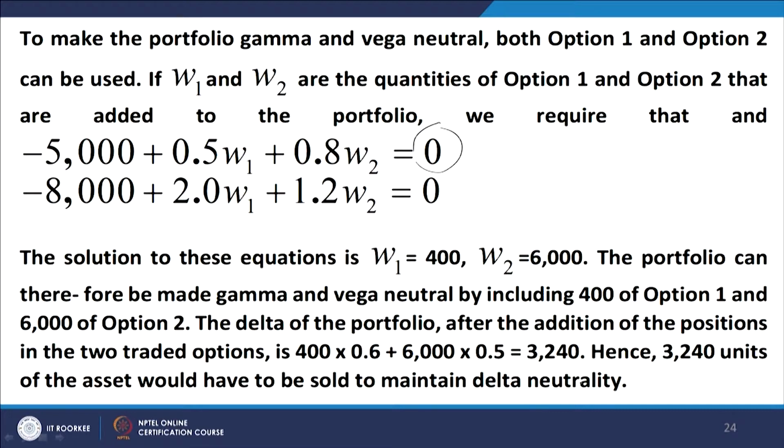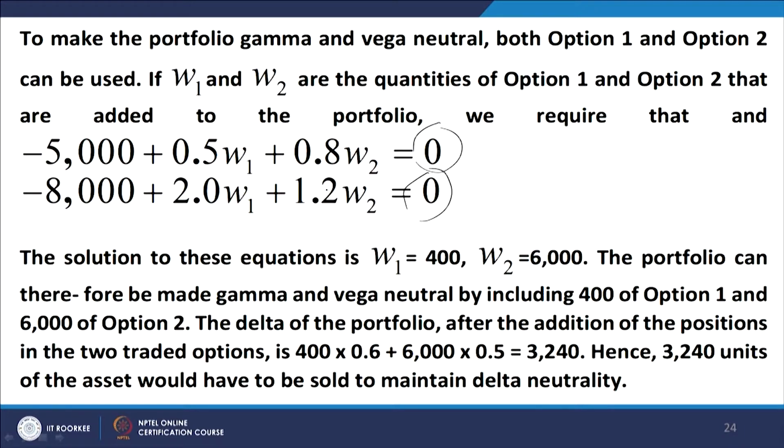The initial Vega is minus 8000, Vega for option 1 is 2 and Vega for option 2 is 1.2, and because we have taken W 1 units of option 1 and W 2 units of option 2, we get this expression for the Vega, and we want the Vega to vanish as well.